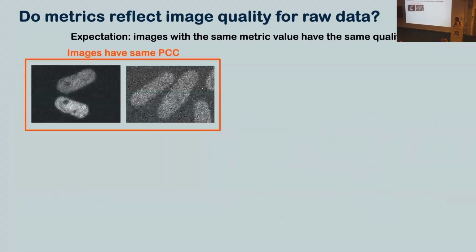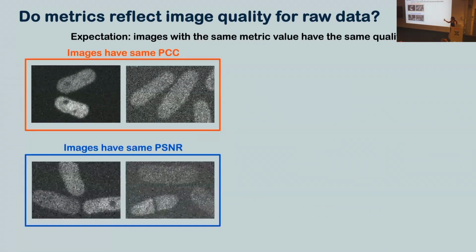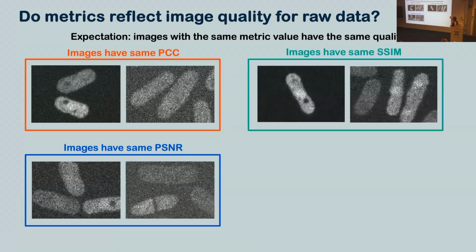These images have the same Pearson's correlation coefficient, and they don't have the same quality visually. These crops are from two images that have the same peak signal to noise ratio. They don't have the same quality. And in an absolute shocker, these are two crops from two images that have the same structured similarity index, and they don't have the same quality. So our expectation is not being matched here.